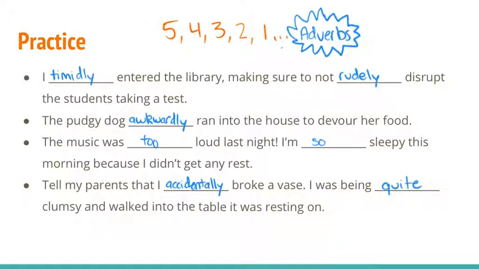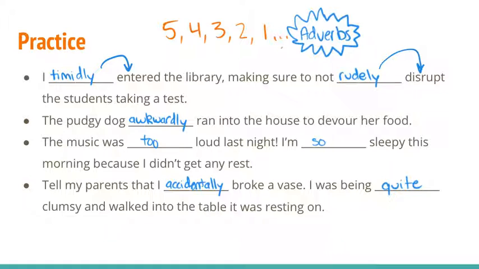I timidly entered the library, making sure to not rudely disrupt the students taking a test. And we are using timidly to describe how I entered the library, and we are using rudely to describe how I would disrupt or not disrupt the students taking a test. Just like on the previous page, we are observing that little cheat.